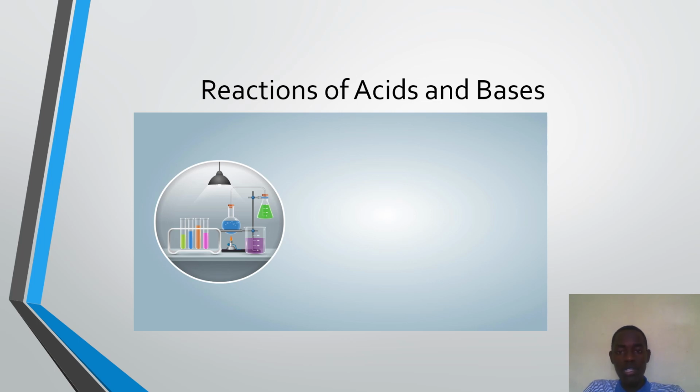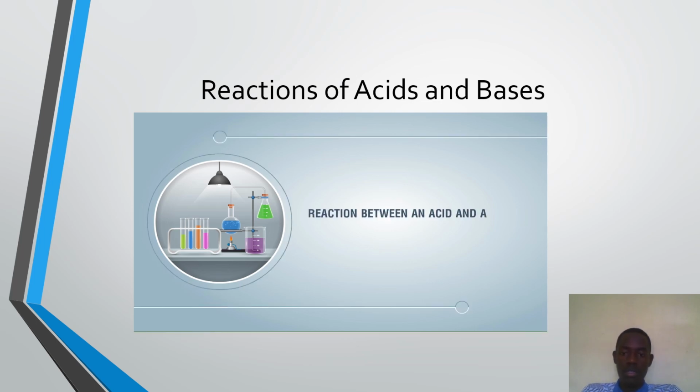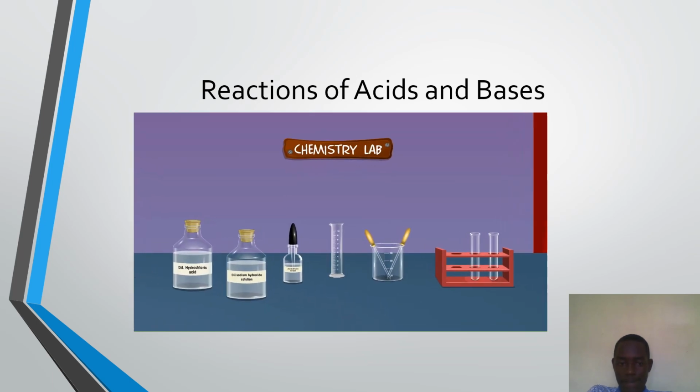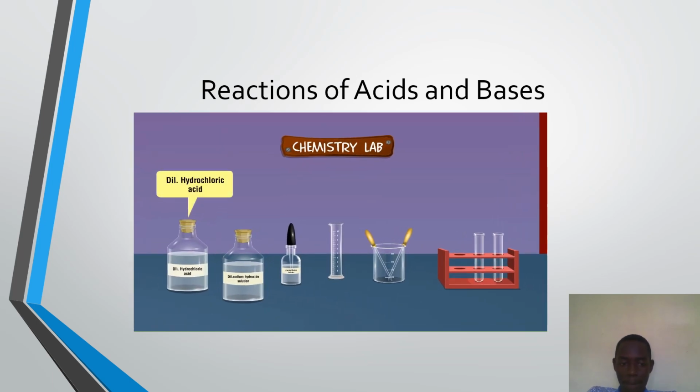Now these two can react, and let's see from the video how they do. Reaction between an acid and a base to show the process of neutralization. Materials required: dilute hydrochloric acid, dilute sodium hydroxide solution, phenolphthalein indicator, a measuring cylinder, dropper, test tubes.